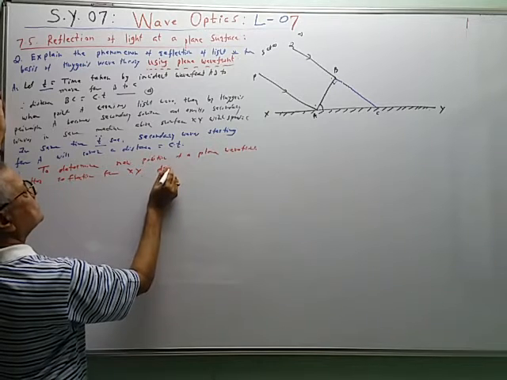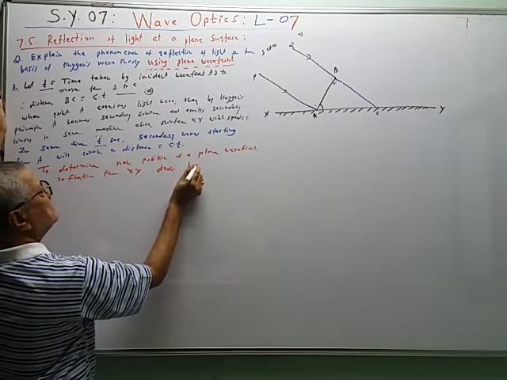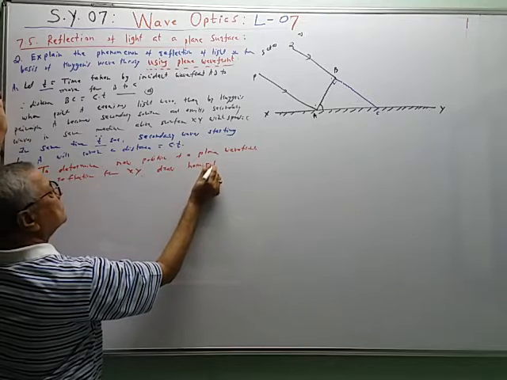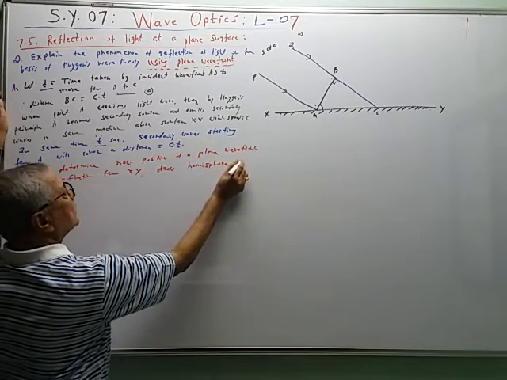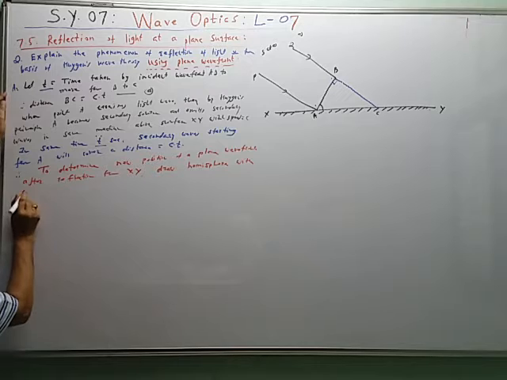This is the Huygens construction. Draw a hemisphere. In the figure we will see a circle. Draw a hemisphere, half circle with center A.